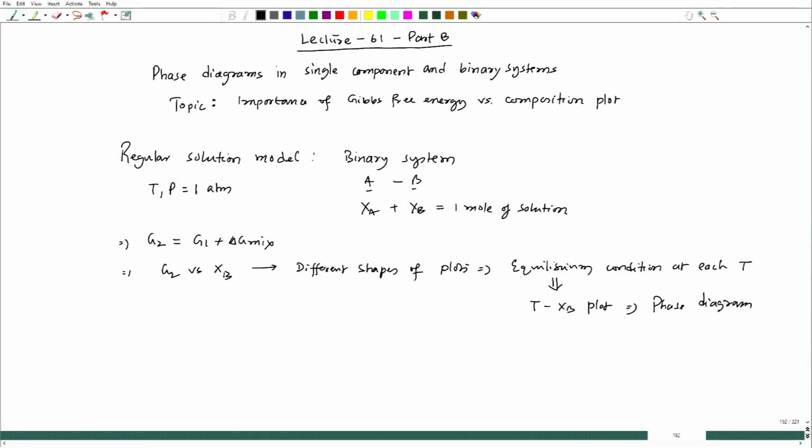Now, what we will try to see is, now we are given a phase diagram, and let us see whether we can go to the free energy composition diagram. So, it is the other way around. Let us look at one phase diagram, a kind of schematic phase diagram.